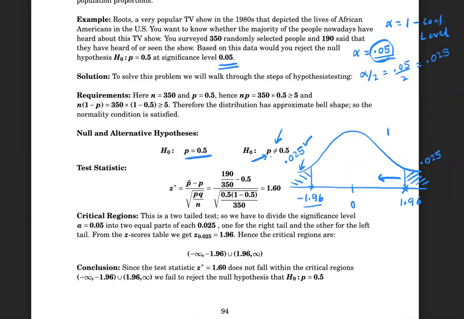So your critical regions are going to be everything from negative infinity to negative 1.96, and everything from positive 1.96 to infinity. And that's exactly what I say here: negative infinity to negative 1.96, and from 1.96 to positive infinity.